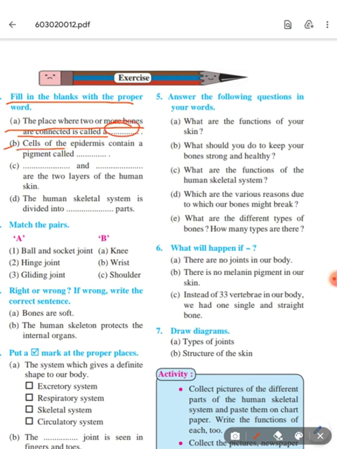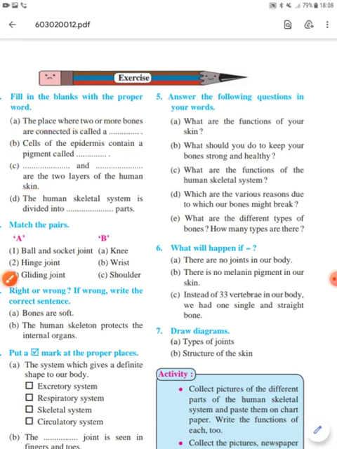B. Cells of the epidermis contain a certain pigment called dash. C. Dash and dash are two layers of the human skin. D. The human skeleton system is divided into dash parts.